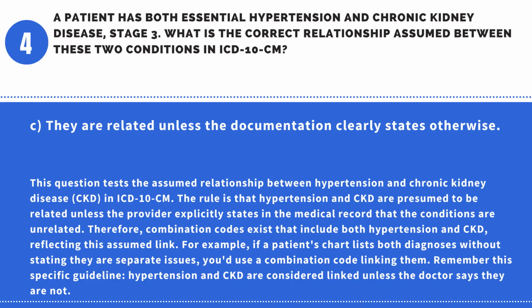Therefore, combination codes exist that include both hypertension and CKD, reflecting this assumed link. For example, if a patient's chart lists both diagnoses without stating they are separate issues, you'd use a combination code linking them. Remember this specific guideline: hypertension and CKD are considered linked unless the doctor says they are not.